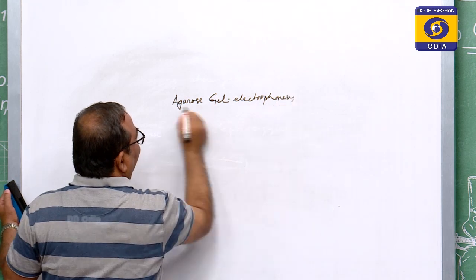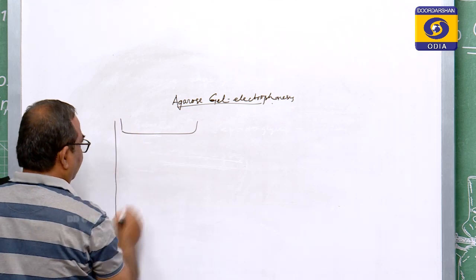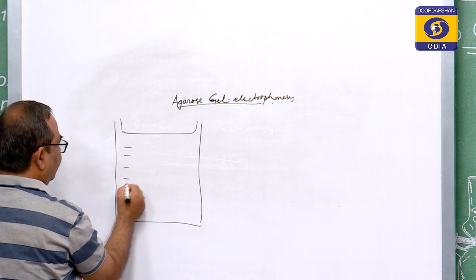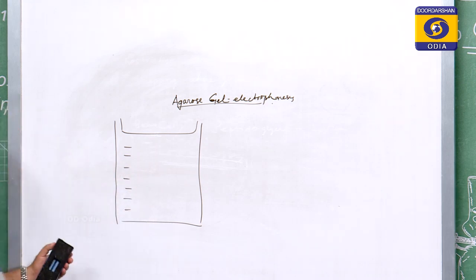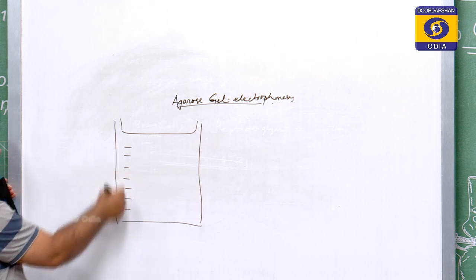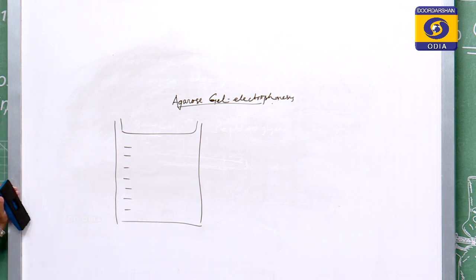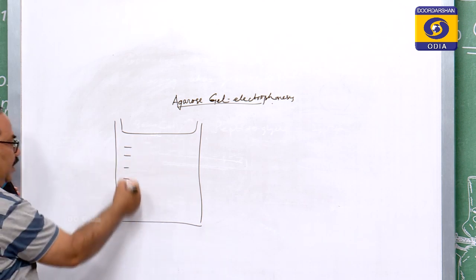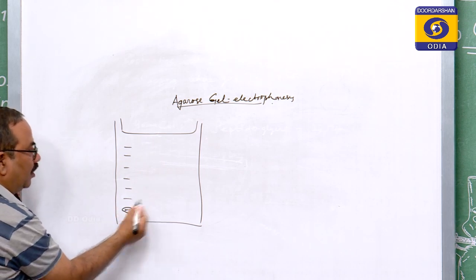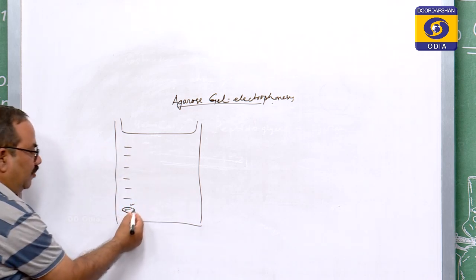Using this agarose gel electrophoresis, DNA molecules or fragments having different sizes and different charges will be separated. When we put in a buffer and apply an electric field, they will migrate, the smallest will migrate faster, and the sizes we have cut with different restriction endonucleases we can identify.